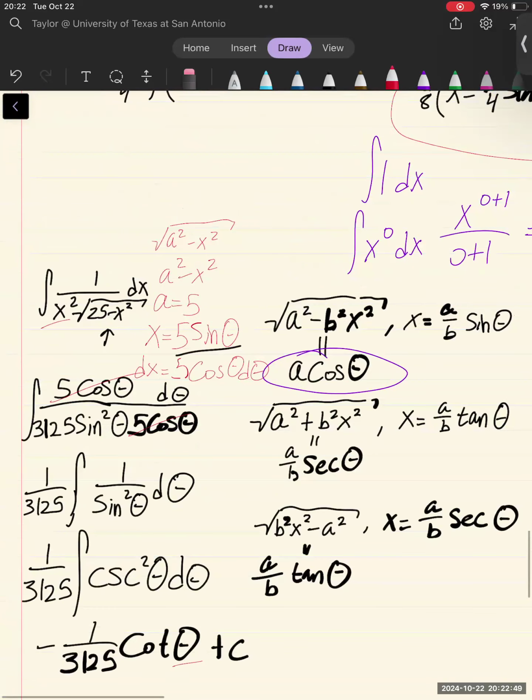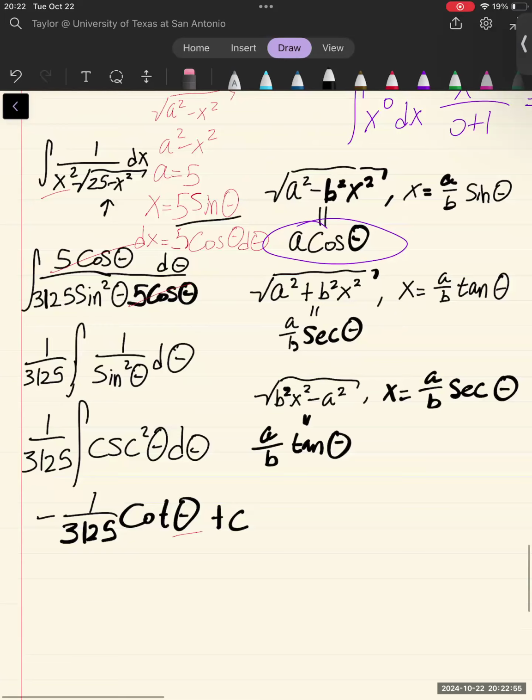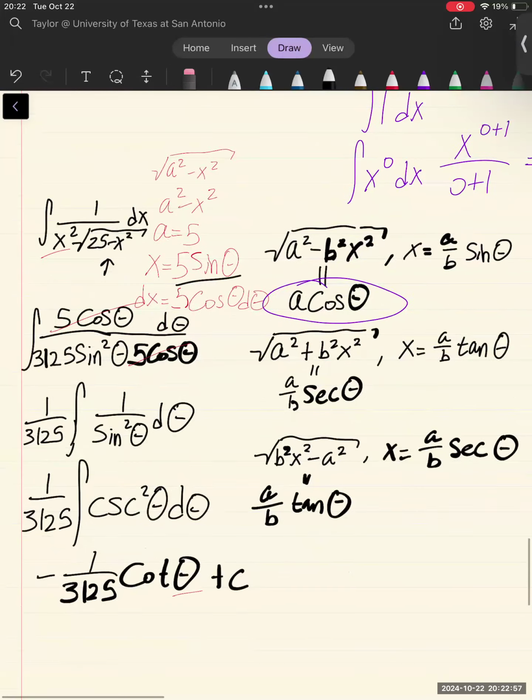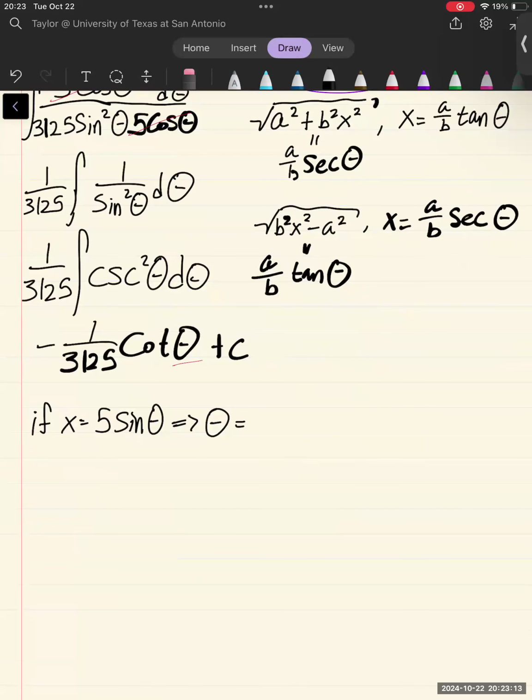And then the last step here is I need to solve for this theta term, because my original expression was in terms of x. I know that x equals 5 sine theta. So if x equals 5 sine theta, then theta equals, and I'll do the algebra down here. I'm going to divide this by 5, giving me x over 5 equals sine theta.